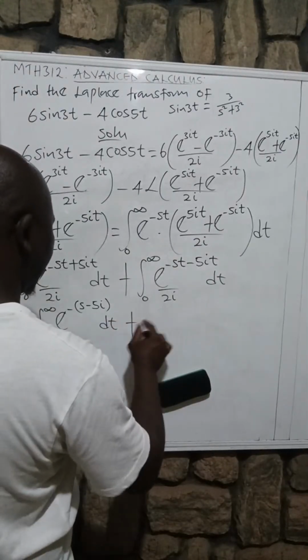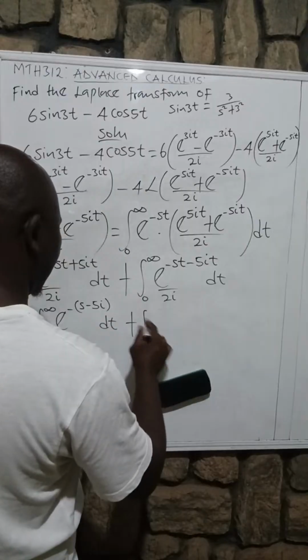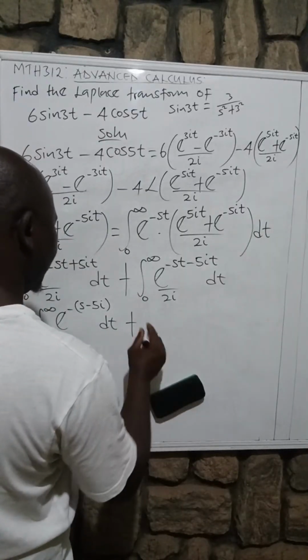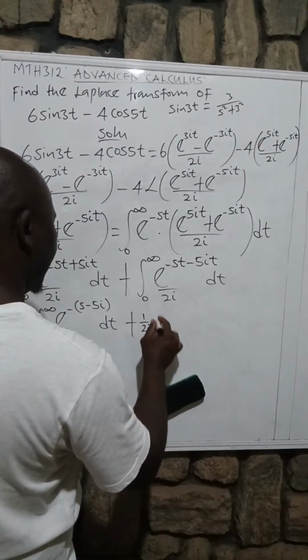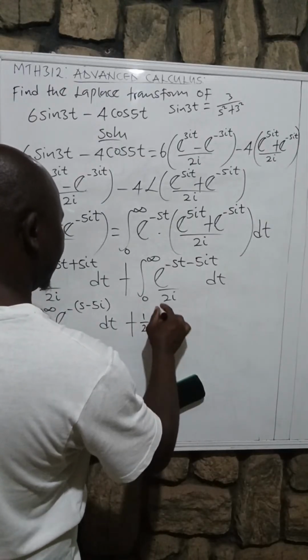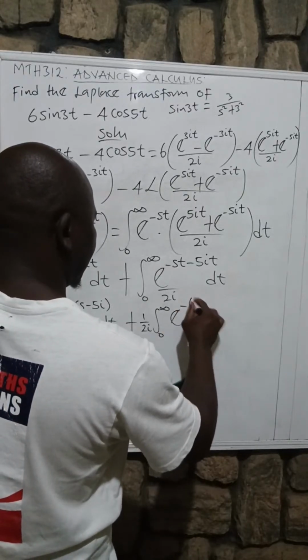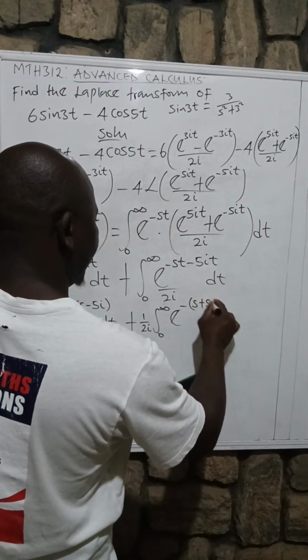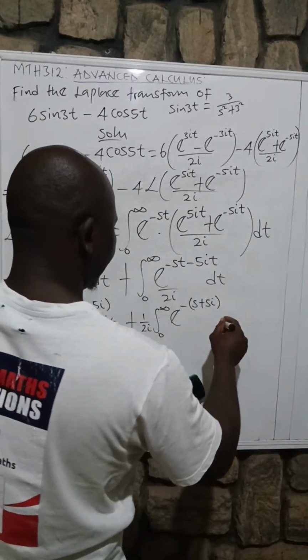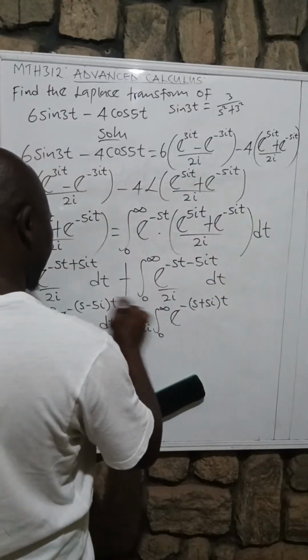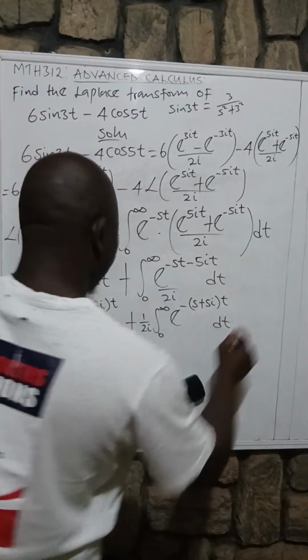Then plus the same thing applicable here: 1 all over 2i integral from 0 to infinity exponential minus open bracket s plus 5i, t dt.